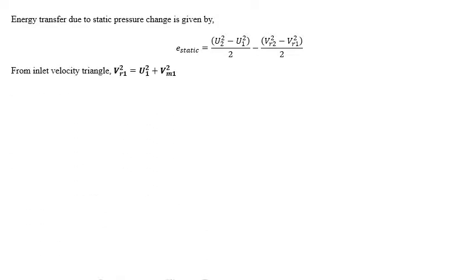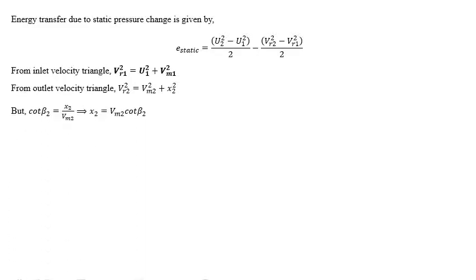From the inlet velocity triangle, according to Pythagoras theorem, Vr1 square is equal to U1 square plus Vm1 square. From the outlet velocity triangle, Vr2 square is equal to Vm2 square plus x2 square.